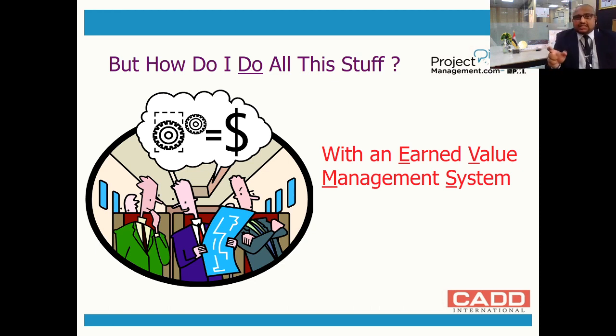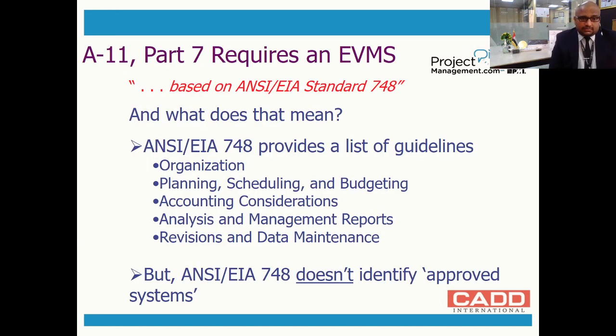You should have a system which upholds the principles of earned value analysis. So where do you get this system? You can build it, but make sure that it is as per the standard ANSI EIA 748.